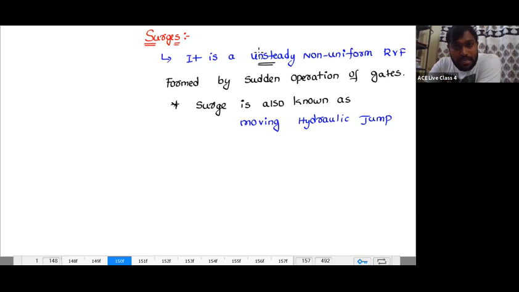For unsteady flow, you have to convert it into an equivalent steady flow, as you cannot analyze the unsteady flow directly.